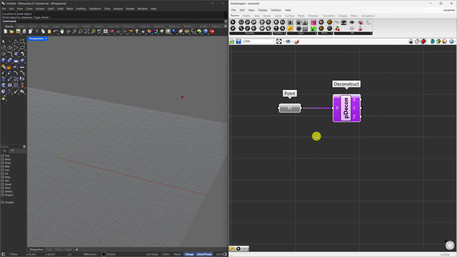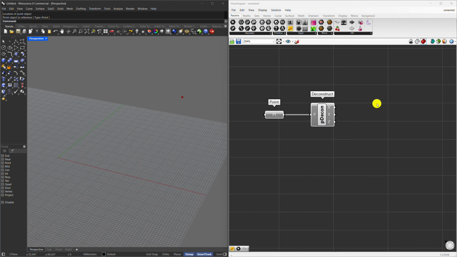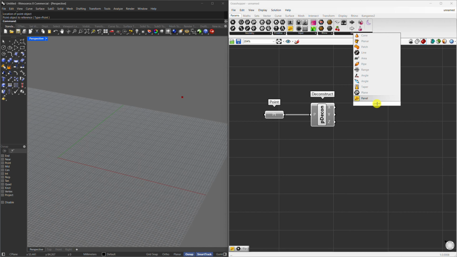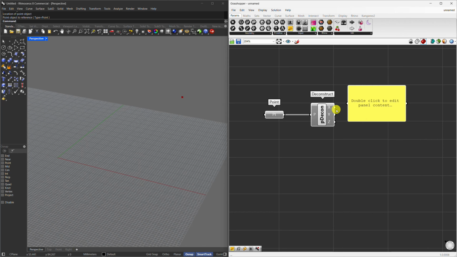As you see, we have to set the panels. Then we can find out each direction's coordinates. So this is x, and y, and z.